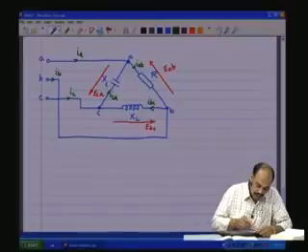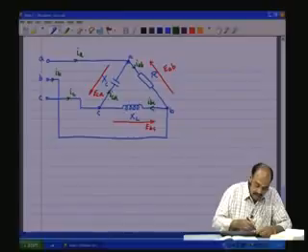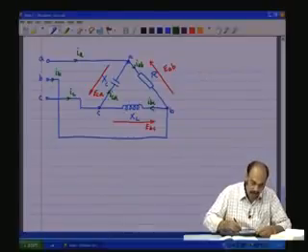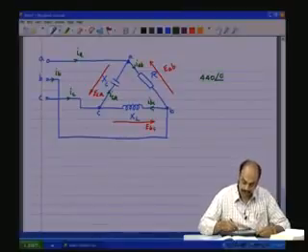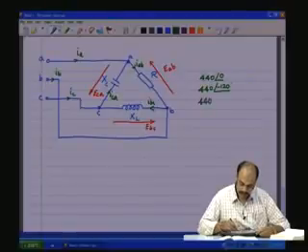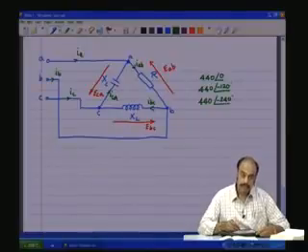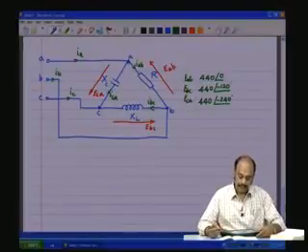You have EAB, EBC, ECA all 120 degrees out of phase and they are 440 volts at a phase angle of 0 degrees, 440 volts at a phase angle of minus 120 degrees, 440 volts at a phase angle of minus 240 degrees. These are the EAB, EBC, ECA that will be applied.